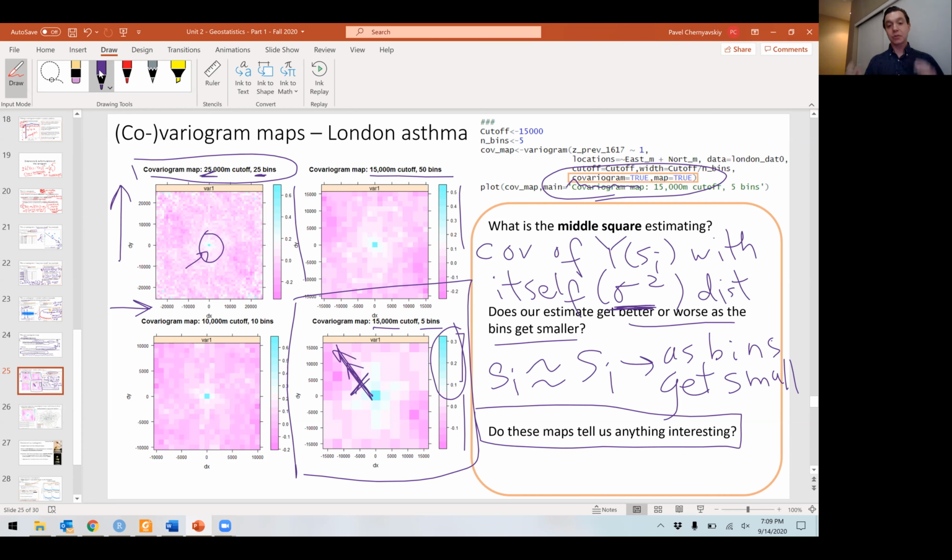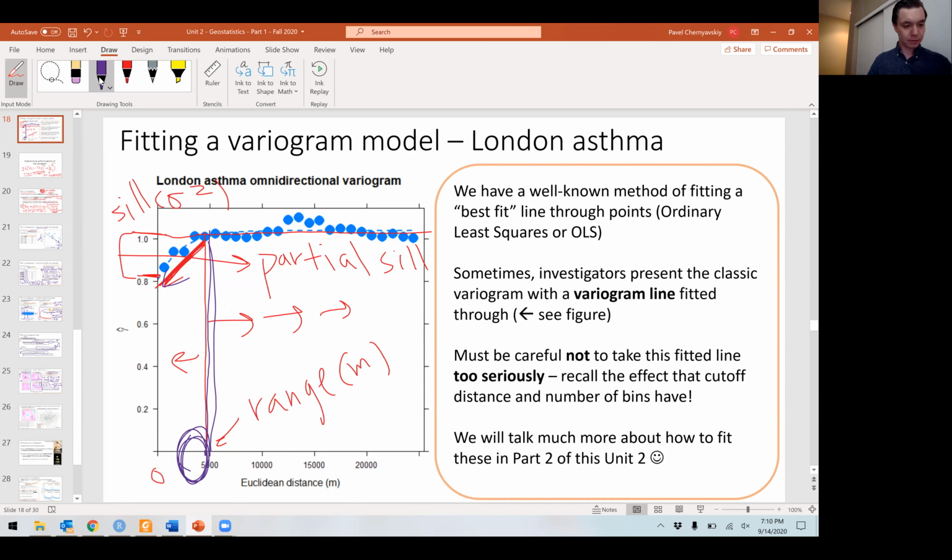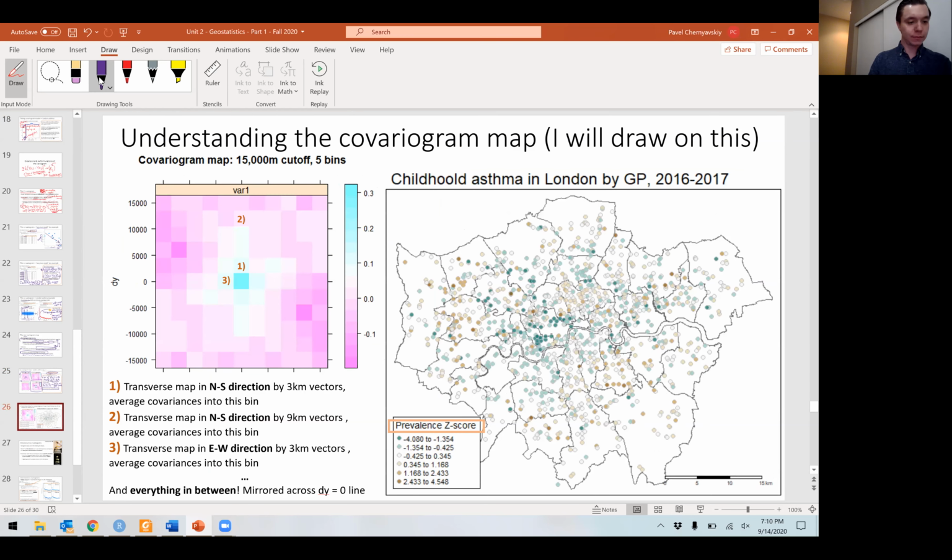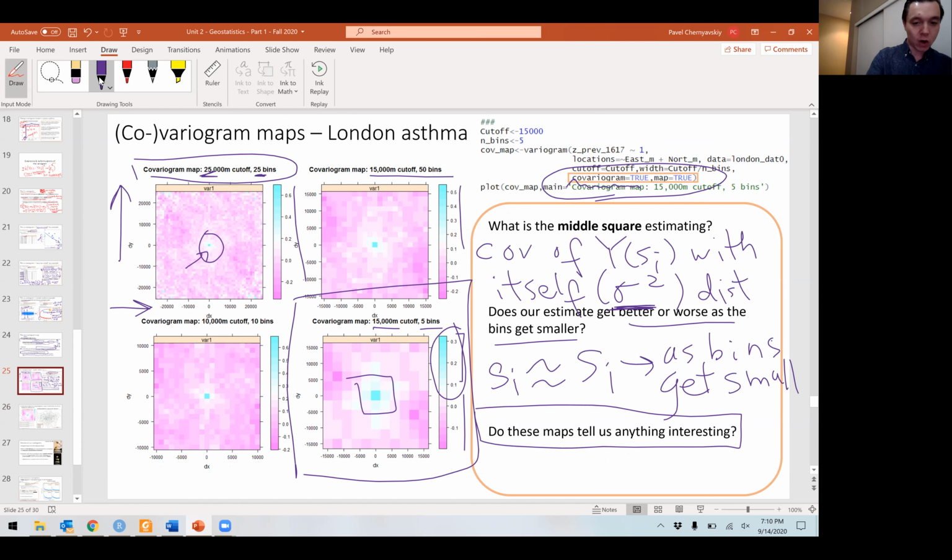And in fact, when you're looking at the magnitude of these covariances, once you go 1 bin out, so that's 3 kilometers. By the way, 3 kilometers is also very, very close to what I believe the actual range is. As we go 1 box out in almost every direction, we basically go to a covariance of 0.